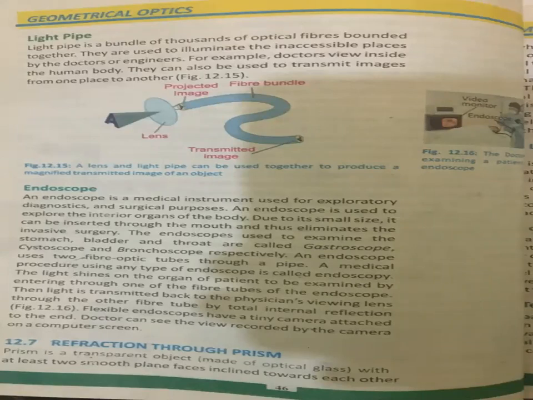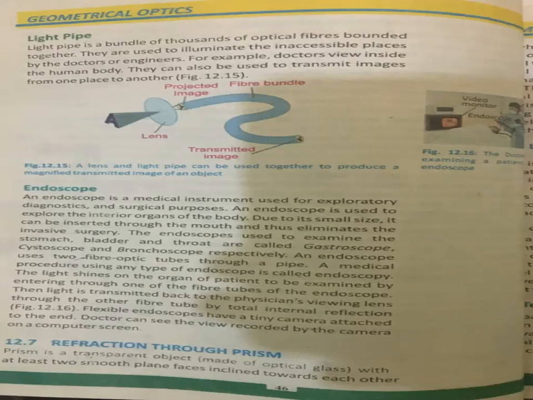But instead of ripping open your body, they use a process called endoscope. They use a medical instrument called an endoscope. Instead of opening the body, they insert this light pipe into your body and examine the problem with your organ.